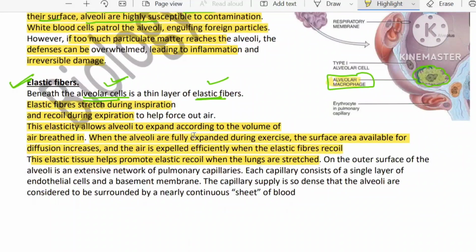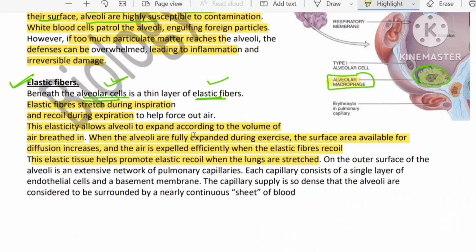The surfactant is similar to a phospholipid like lecithin, making a monolayer. Third, we studied that they have macrophages, also known as dust cells, which are responsible for phagocytosis if any particle has reached the alveoli, because alveoli do not have cilia, nor any air current to remove the dust particles.